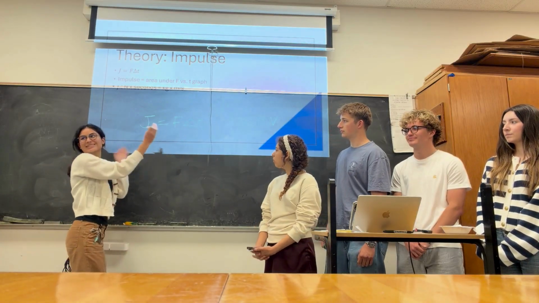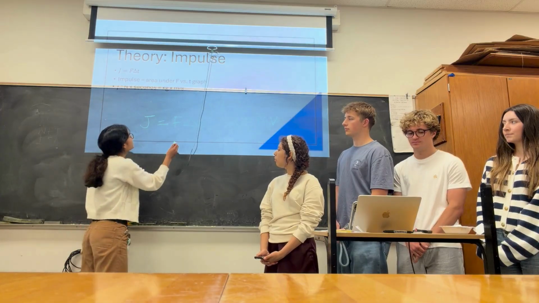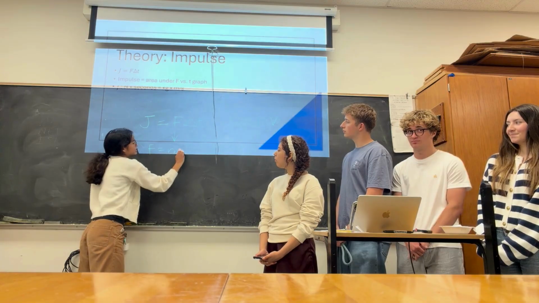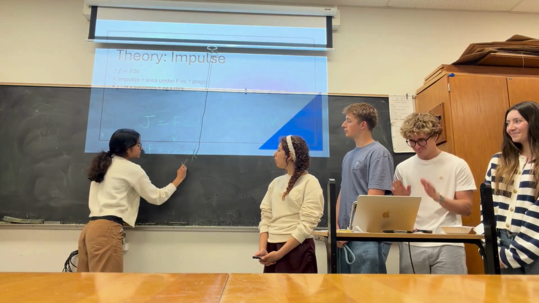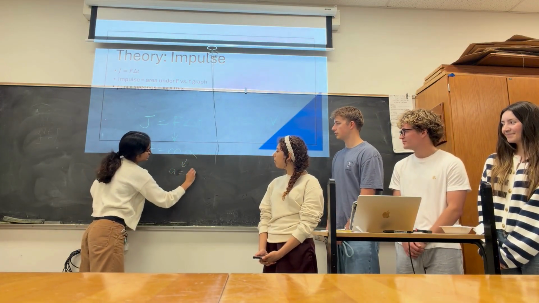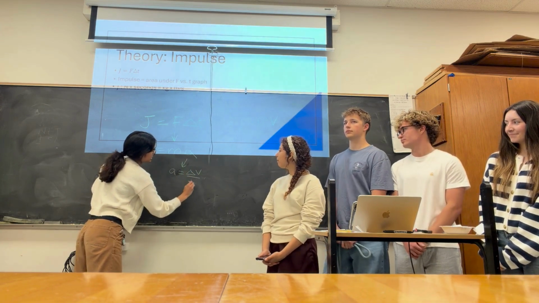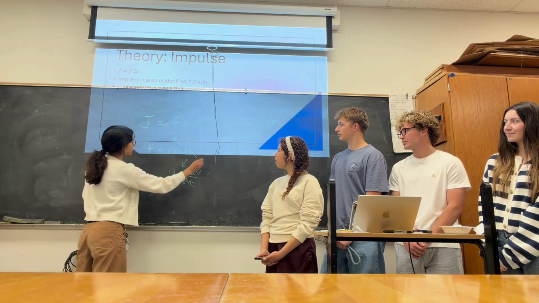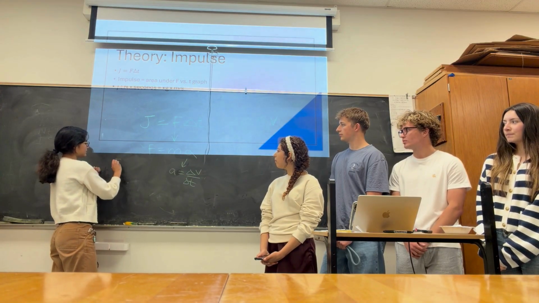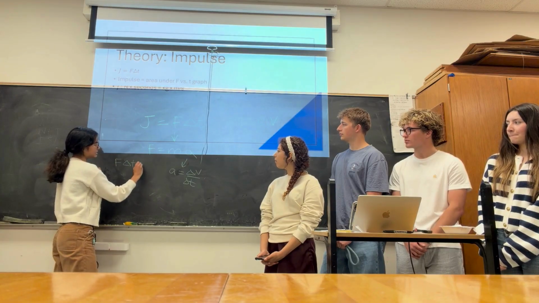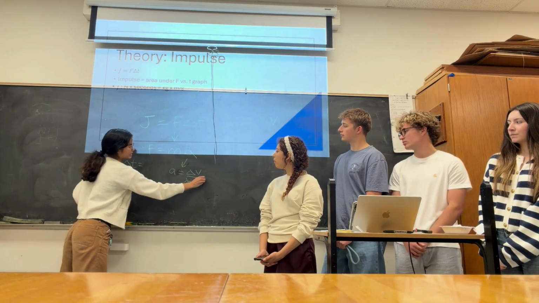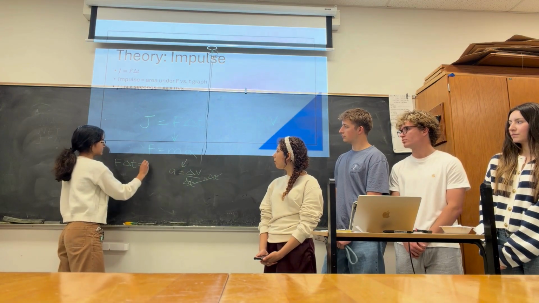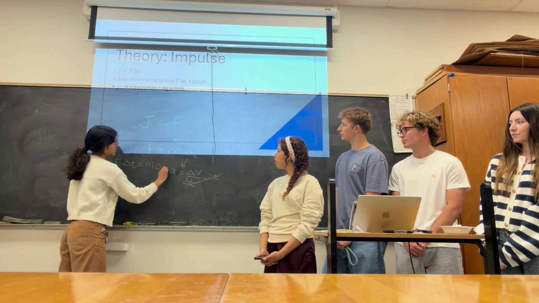It kind of looks like these are different equations right now, but if we unpack this a little bit, we know from Newton's second law that force is equal to mass times acceleration. And then we should know that acceleration is going to be change in velocity over change in time, right? So if we multiply time by both sides, we get force times change in time is equal to mass times change in velocity.